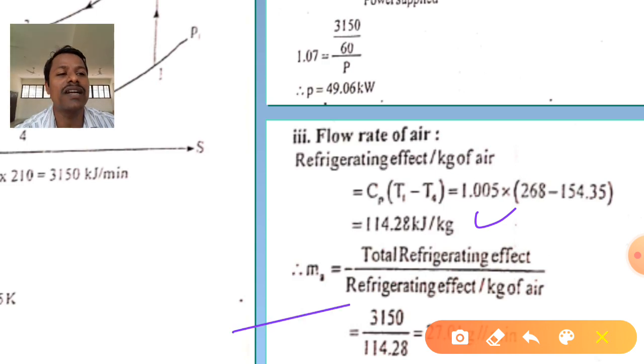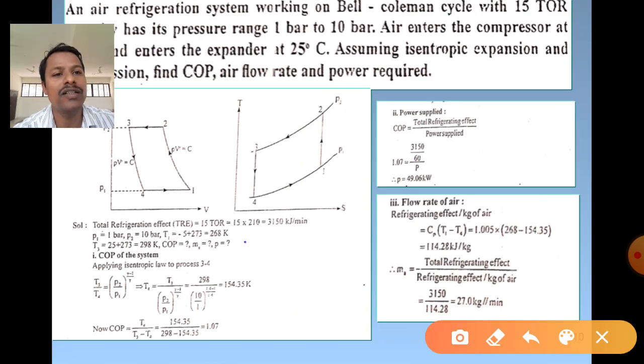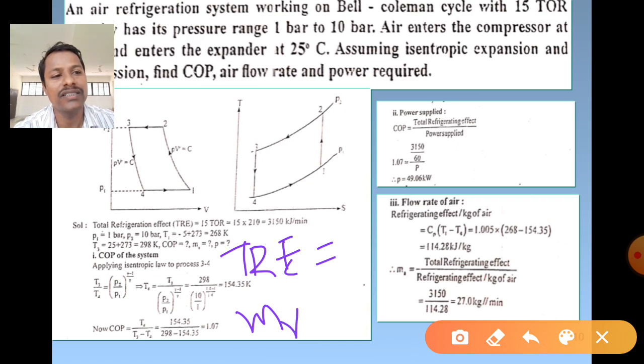the total refrigeration effect is mentioned in the problem statement, we can write the total refrigeration effect in terms of refrigeration effect per kg and mass flow rate: total refrigeration effect is the mass flow rate of air or refrigerant, m_a, into the refrigeration effect per kg of air.